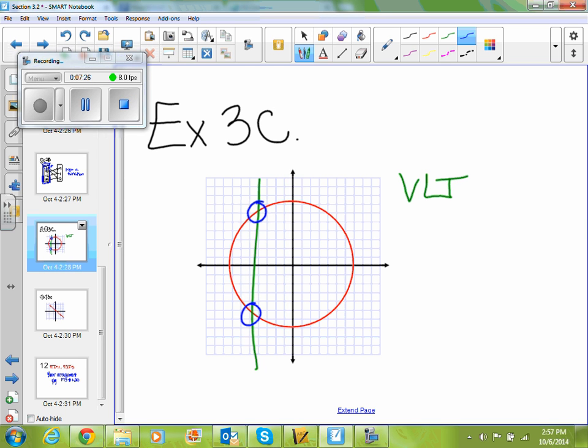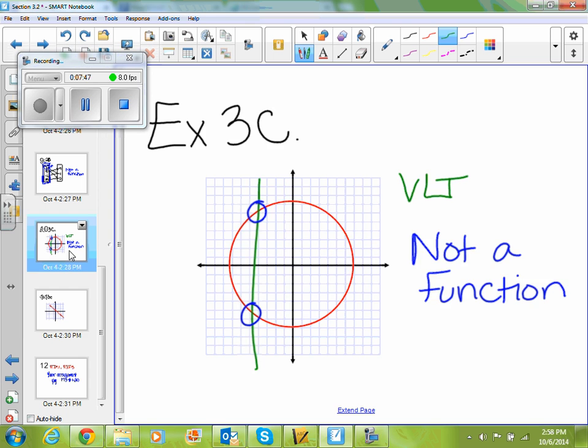So how many times did it cross our graph? Twice, right? Okay. So this is not a function because it crossed more than once. To be a function, just like with arrows, it can only have it once because it's a 1x to 1y. So this is not a function because there's 2 of them, 2 spots that cross.